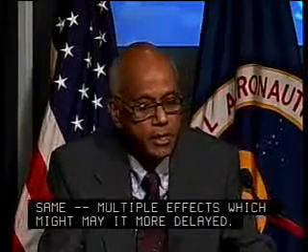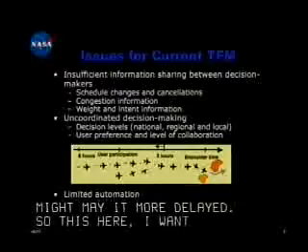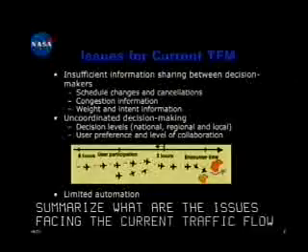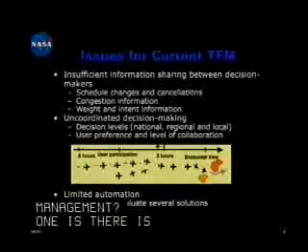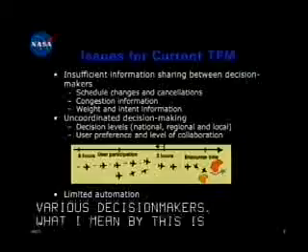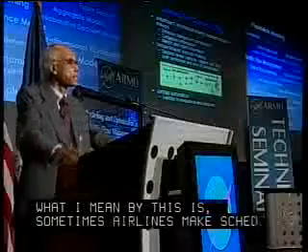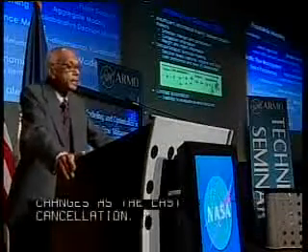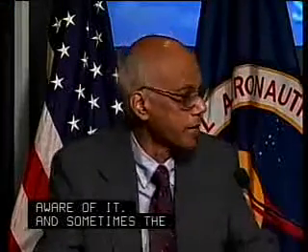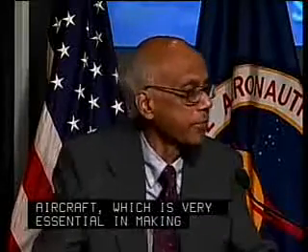Could I have the next view graph, please? So here I want to sort of summarize what are the issues facing the current traffic flow management. One is there is insufficient information sharing between the various decision makers. What I mean by this is sometimes airlines make schedule changes as well as cancellations. The service provider, the FAA in this case, is not aware of it. And sometimes the airlines also have the exact information about what is the weight of the aircraft, which is very essential in making predictions which are central to traffic flow management.